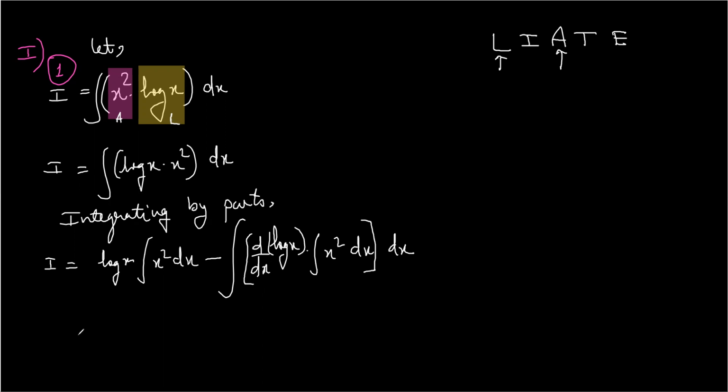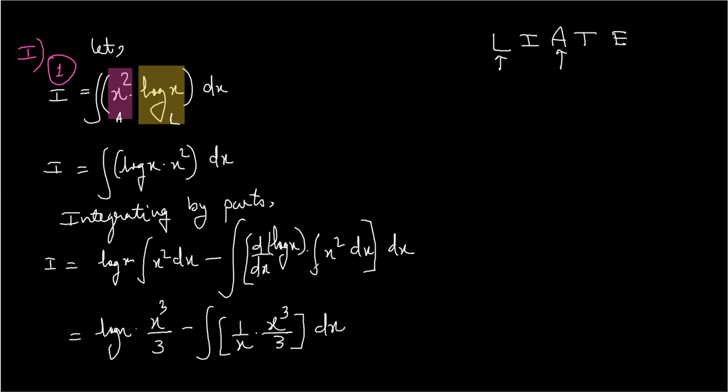So here you have log x into the integral of x square dx, which is x cube upon 3, minus the integral of d by dx of log x, which is 1 upon x, times the integral of x square dx, which is x cube upon 3, and dx.